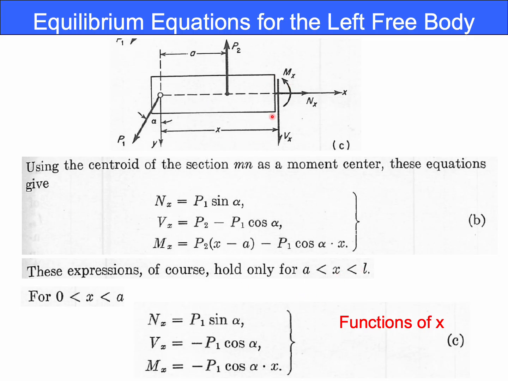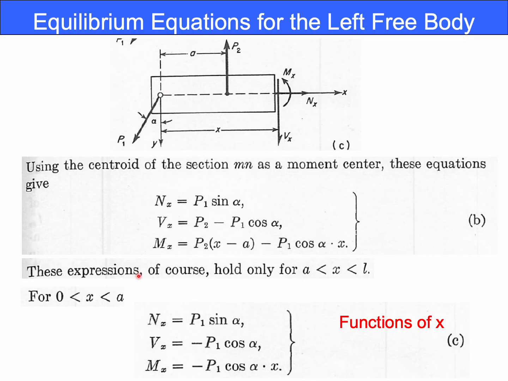But when you consider this section between this point and this point here, somewhere here, you are able to consider these quantities on that section, but there's no P2 between this point and this point. So the horizontal component Nx is the same as before, and Vx is different from the previous case because P2 does not exist in the free body when you consider between this point and this point.